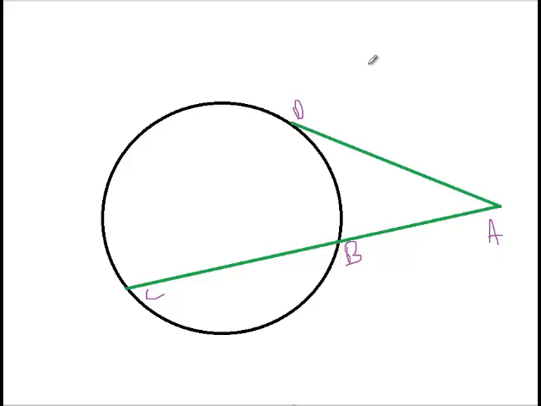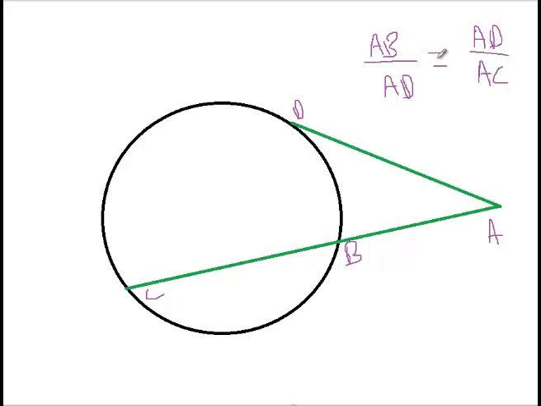AD is a tangent. And the rule is that AD is the mean proportional between AB and the whole thing, AC. Which means that if you put together two fractions, AB over AD is the same as AD over the whole thing, AC.